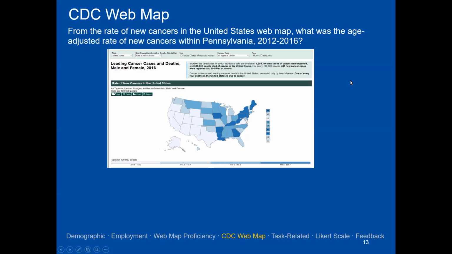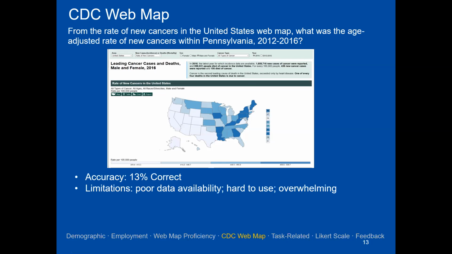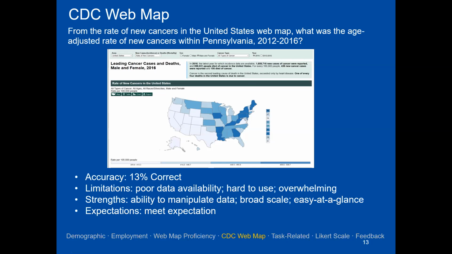However, when I asked that question, only 13% were able to answer it correctly. The limitations were poor data availability, hard to use, and overwhelming. Strengths were the ability to manipulate data, broad scale, and easy at a glance. For expectations, it meets expectations, and the data can be used up to the state level with no sub-county data.